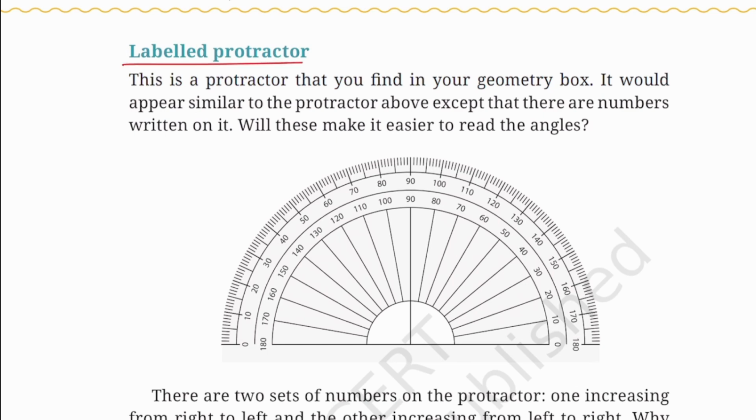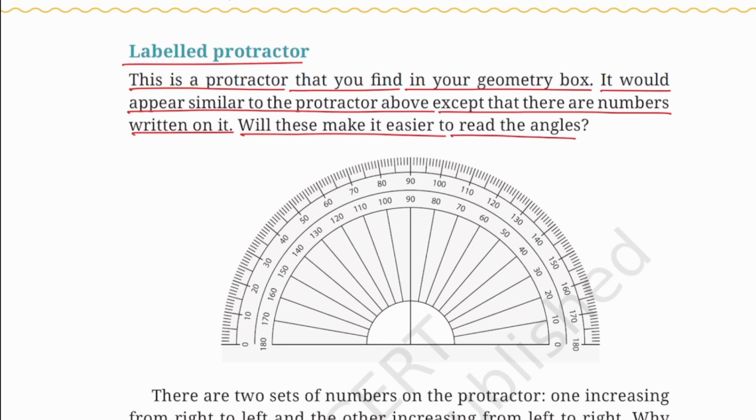Labeled protractor. This is a protractor that you find in your geometry box. It would appear similar to the protractor above, except that there are numbers written on it. Will this make it easier to read the angles? Yes, it will become easy to read the angles here. You can see it.